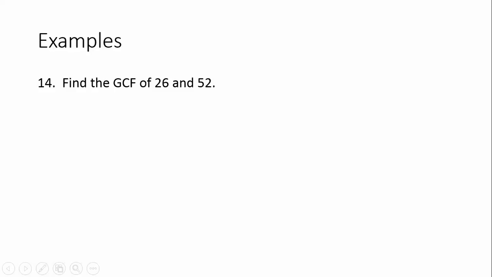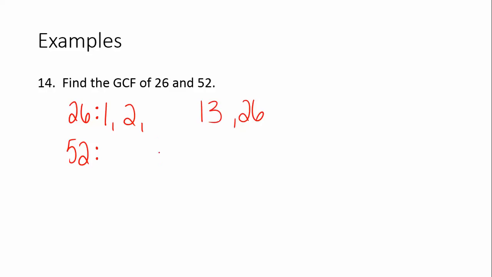Phew. Okay, let's try a smaller one. Maybe smaller numbers will give me a little more success here. Find the greatest common factor of 26 and 52. And some of you are going to be able to look at these and know right away what's the biggest number that divides into both of them. 26 doesn't have a lot of factors. 1 and 26 and 2 and 13, and that's it. 52 is in a similar situation, but it's 1 and 52, 2 and 26, and 4 and 13.